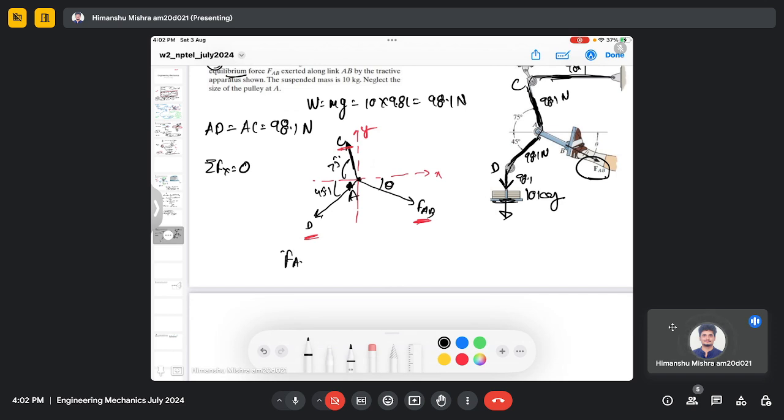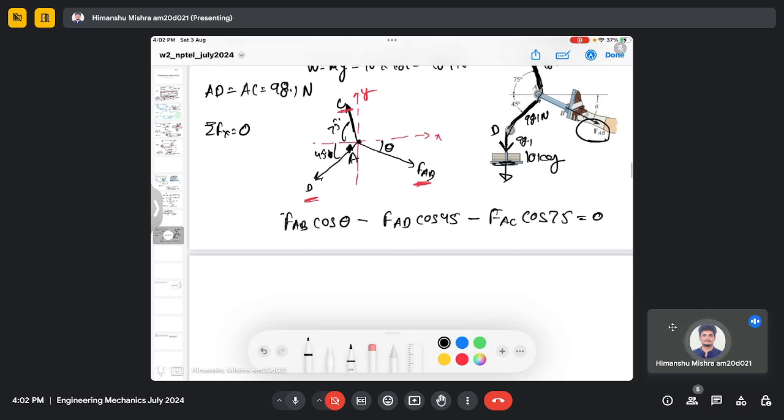So FAB cos theta minus FAD cos 45 minus FAC cos 75 equal to 0. So this is equation 1.